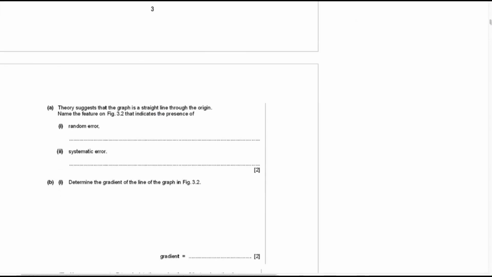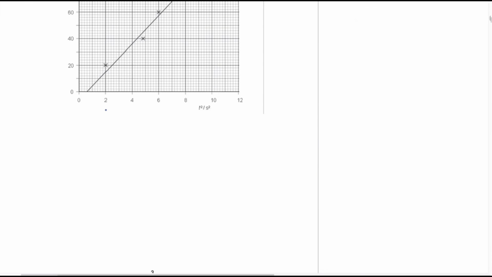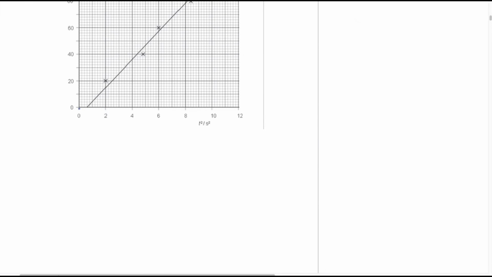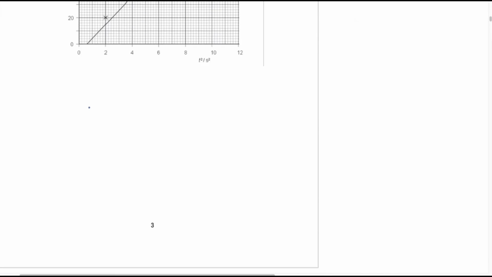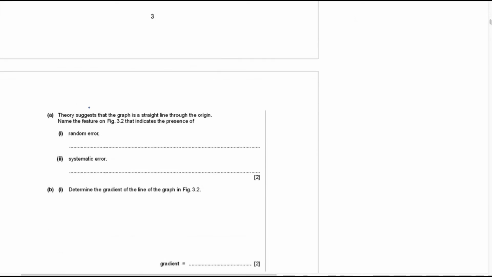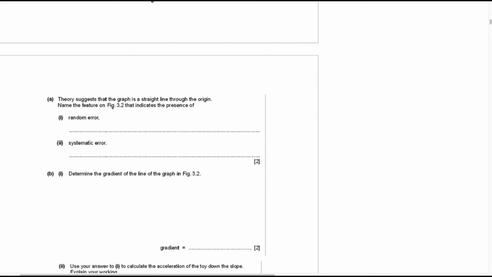Now, theory suggests that the graph is a straight line through origin. But if you look at here, this is not through origin. It's a little bit away from origin. Now, name the features on figure 3.2 that indicate the presence of random error.